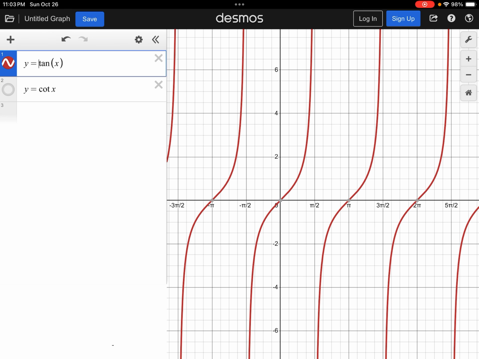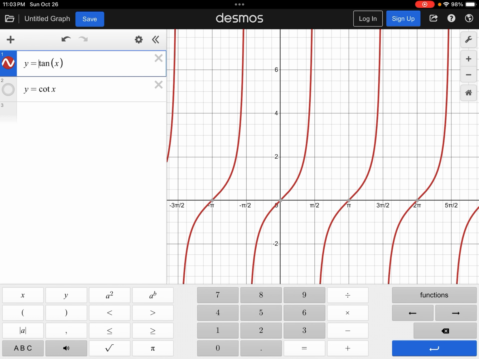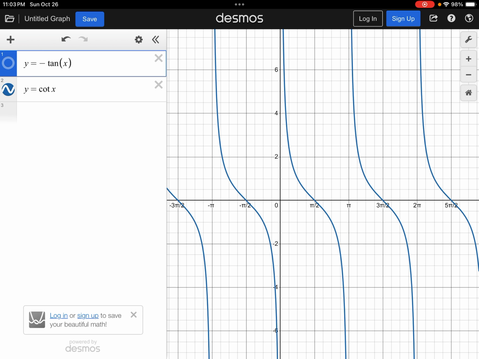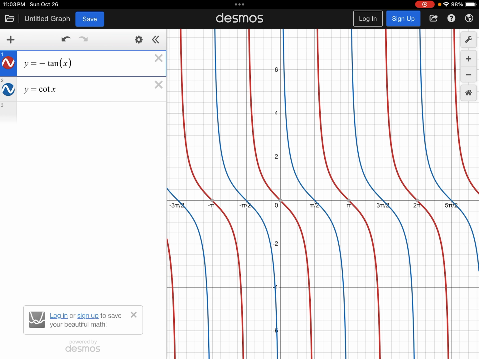If I show a reflection for this, I'm going to drop in a negative, our wave changes. It's now going down from left to right. And why this is important is because a cotangent wave naturally goes down from left to right. Except, if you notice, I'm going to highlight this one again and actually show it.